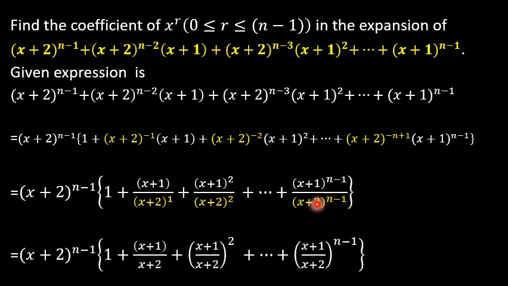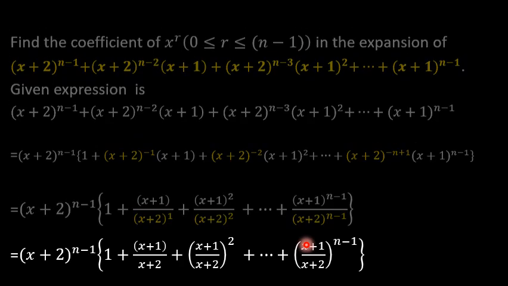Again, let us rewrite this, that is (x+2)^(n-1) into 1 plus (x+1) by (x+2) as it is, and (x+1)^2 by (x+2)^2 can be written as ((x+1) by (x+2))^2. Similarly, the last term will be ((x+1) by (x+2)) to the power of n-1.